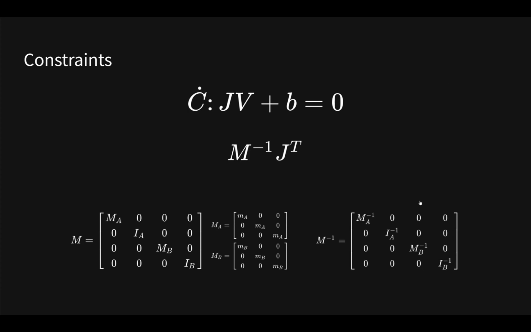So we're going to take a bit of a leap of faith here and say that the required change to solve this constraint, right? We want to solve this constraint.